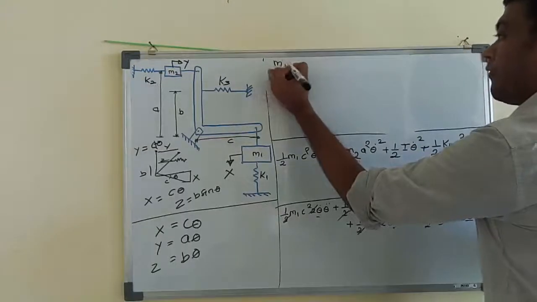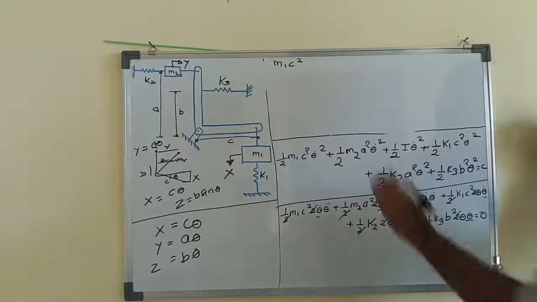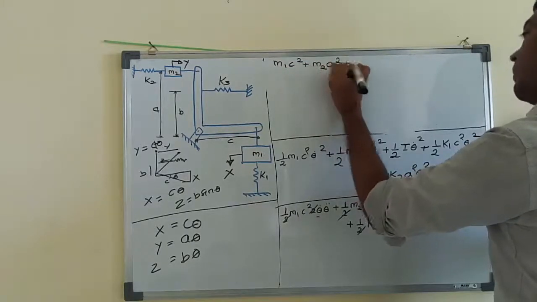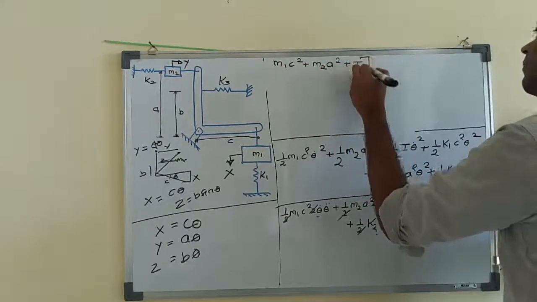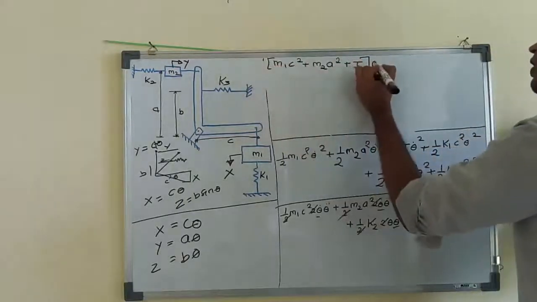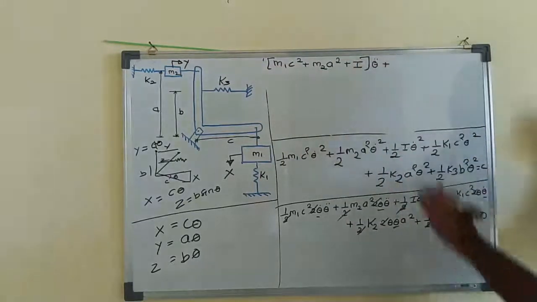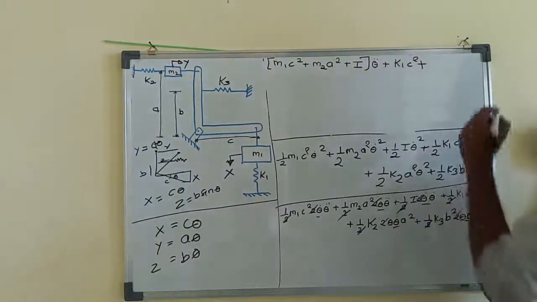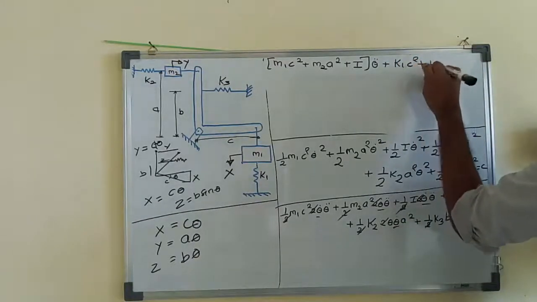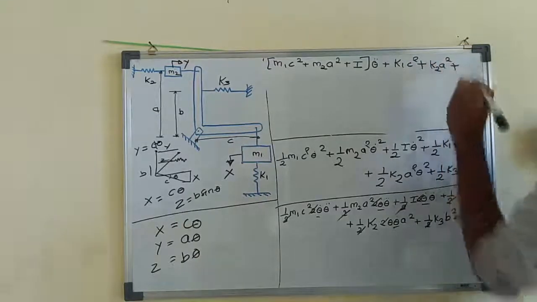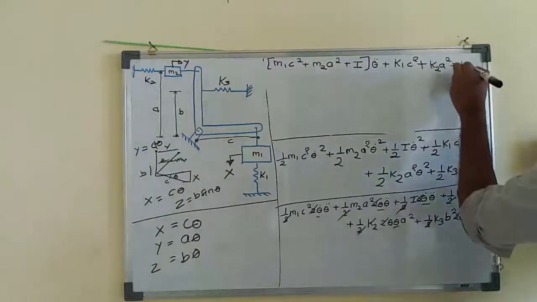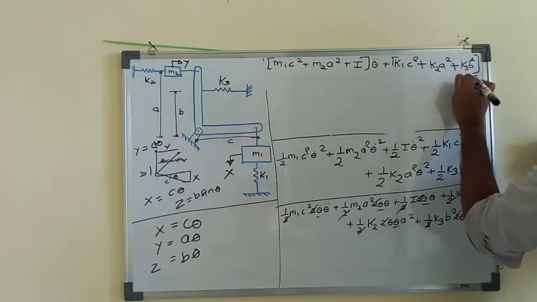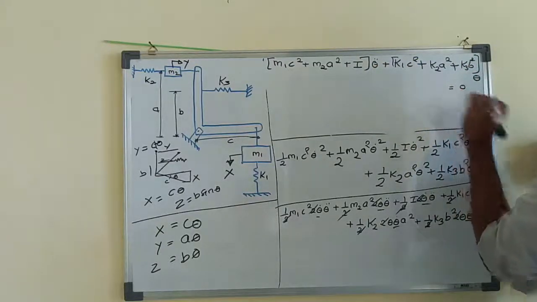So you get (m1 c square plus m2 a square plus I) theta double dot plus (k1 c square plus k2 a square plus k3 b square) theta equals 0.